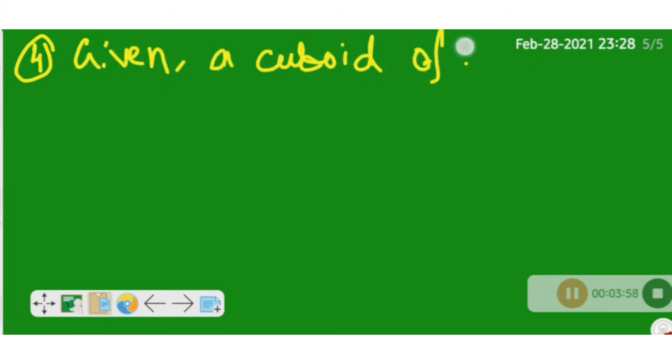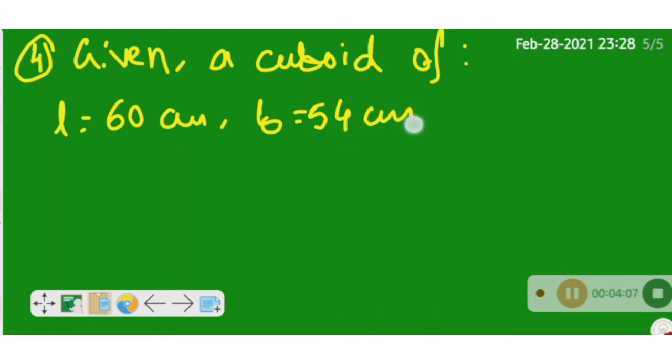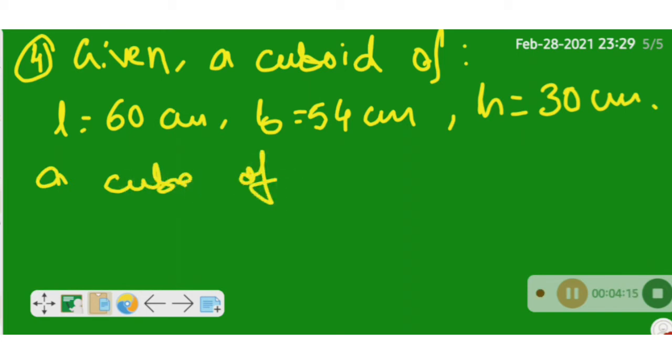First we'll write down the given information. So given a cuboid of length 60 centimeters, breadth 54 centimeters, and height is 30 centimeters, and a cube of side 6 centimeter, right?